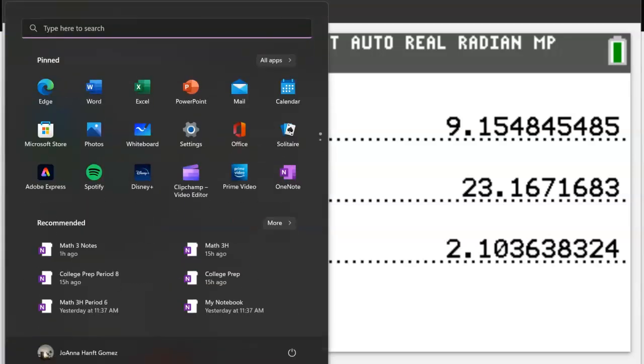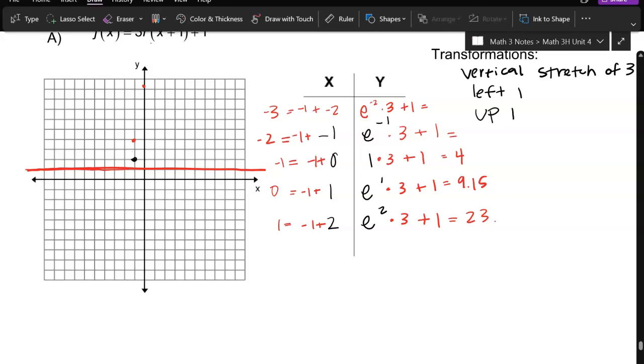So we get 2.10. So at negative 2, we're at a little bit above 2.